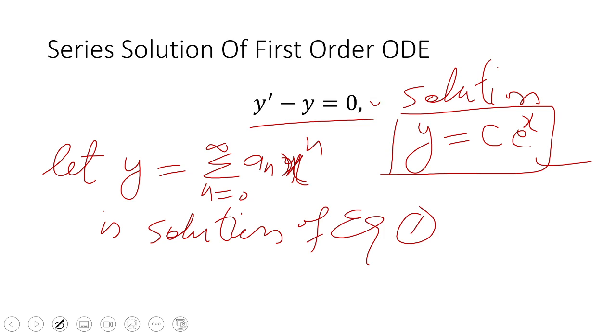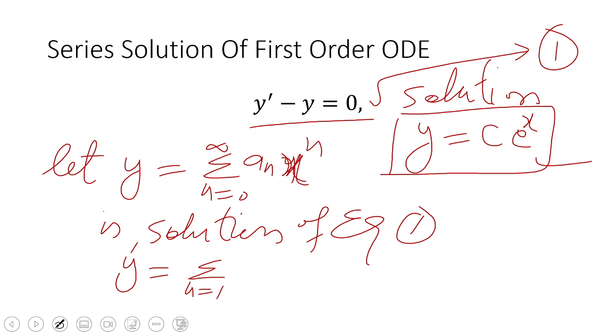Let's say this is equation 1. Then it will satisfy this equation. So we differentiate: y' is equal to summation n from 1 to infinity n a_n x^(n-1). So this is the derivative of y. We will put y and the derivative of y in the given differential equation.